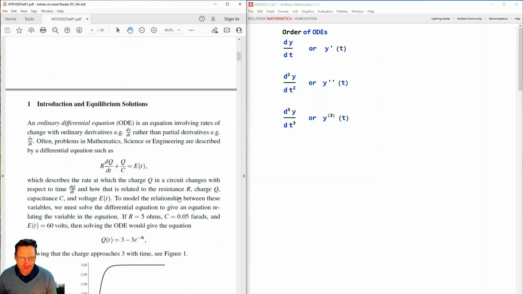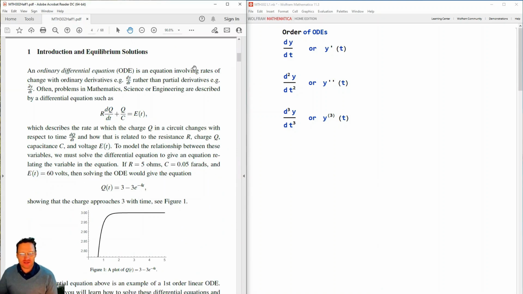So scroll down to the relevant section where we see the introduction. All right, so what is a differential equation? An ordinary differential equation, or ODE for short, is an equation that involves rates of change. For example, if we have dy on dt equals a constant, you might view that as the rate at which water pours out of a container into something else, say 3 liters per minute, for example.